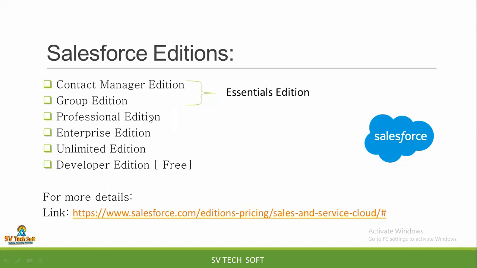But Enterprise, Unlimited, and Developer editions, all these three editions have CRM plus full development. Full development means you can create Visualforce, Lightning component, Lightning web component, Apex class, and data model. Everything you can do using these three editions.